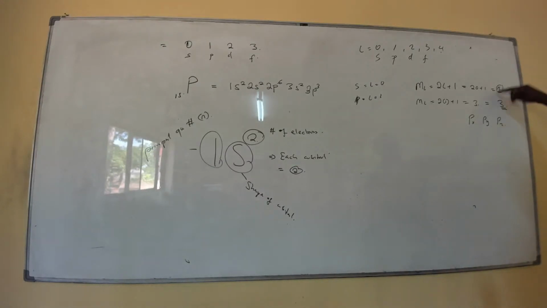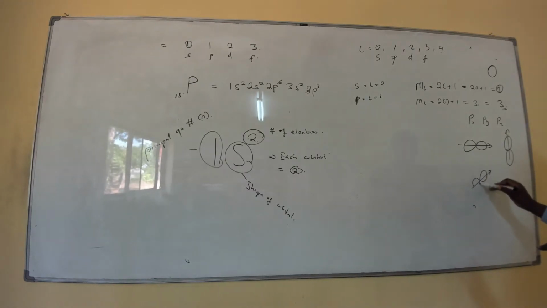The S is a circle like this, and the p orbitals are more or less like dumbbells, based on the orientation. If this is in the x-axis, it will be like this; in the y-axis, like this; and in the z-axis, like this. They are shaped like dumbbells. One thing you should note is that all three exist at the same time.